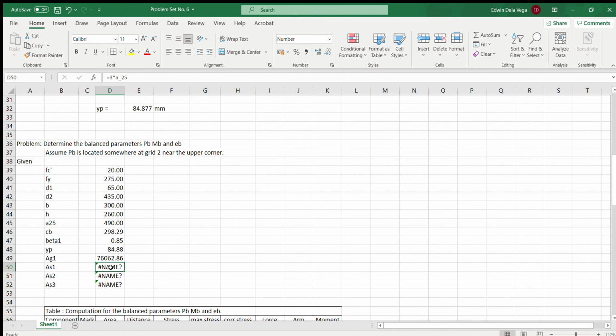Okay, for AS1, we simply multiply the area of a 25 number of bars. Let's say 490 times the number of bars at the layer. Okay, so this is also equal to 490 times 1, and same is true with this one, 490 times 1.